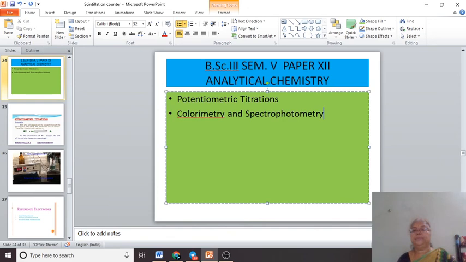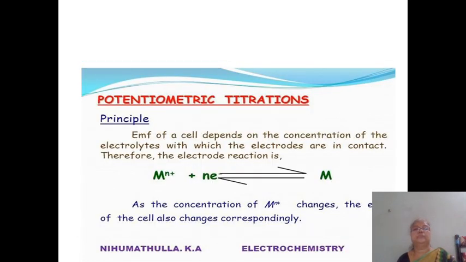Here is the principle of potentiometric titrations. The EMF of a cell depends on the concentration of the electrolytes with which the electrodes are in contact.